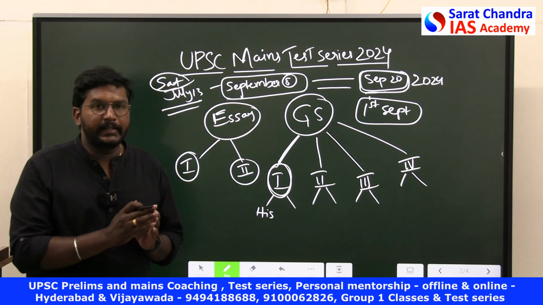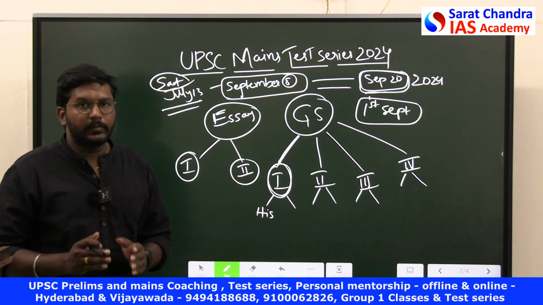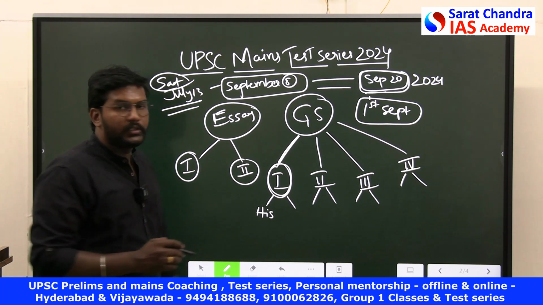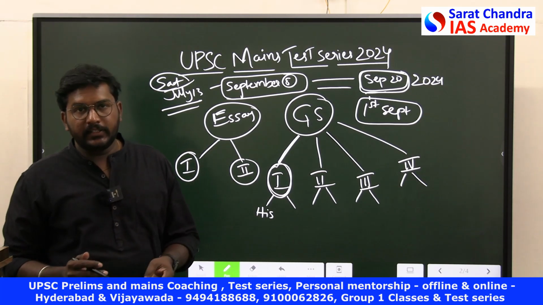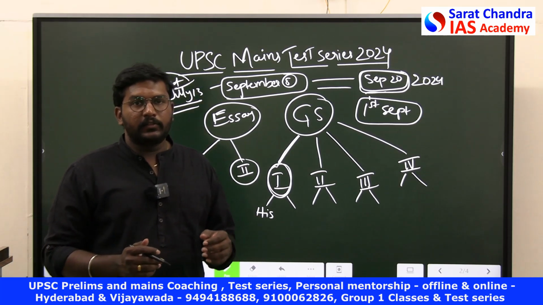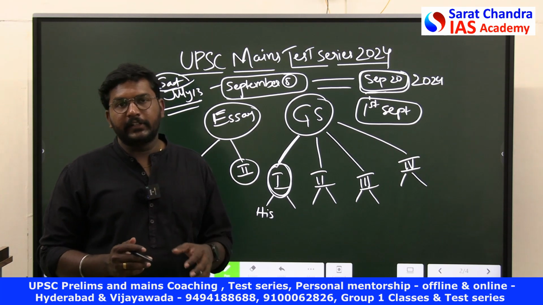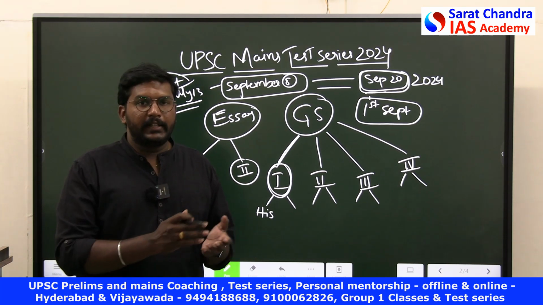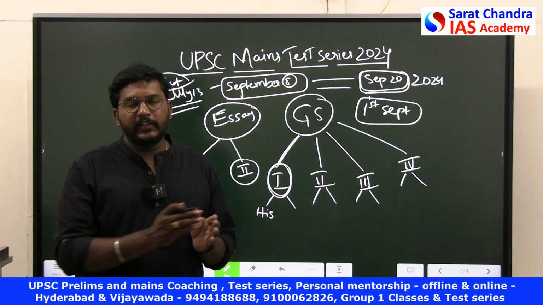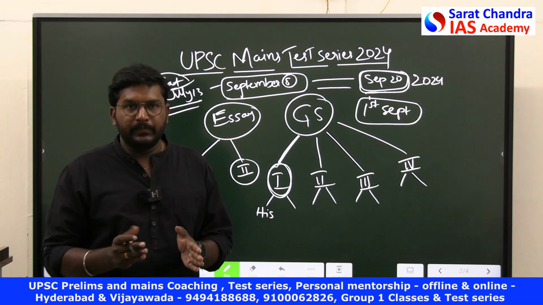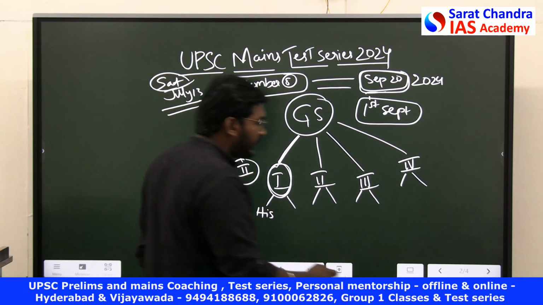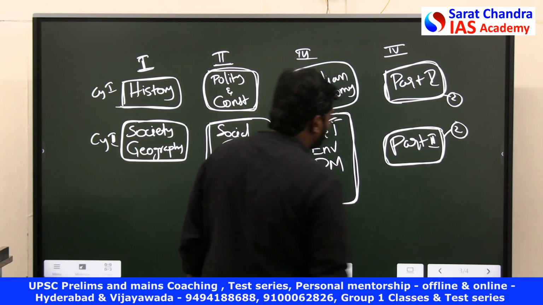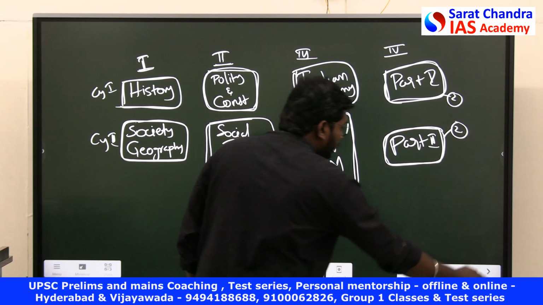You will be at least reading the entire syllabus once, and from 4th of September to 8th of September, that is your 4th, 5th, 6th, 7th and 8th, we have the last cycle. The exams will be conducted on consecutive days, just not as in the main examination, but we want to emulate the same by keeping it day after day. And then I will be showing you the schedule as well, you can just go through that.